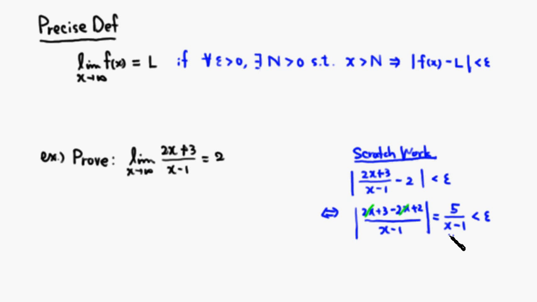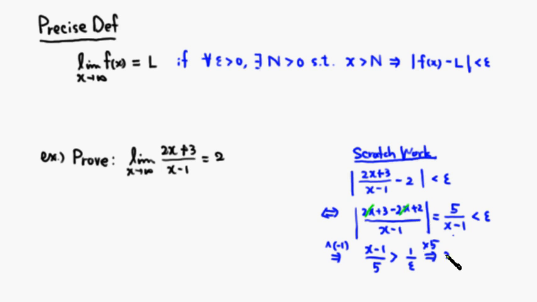So we want to solve for x. I'm going to take the reciprocal of both sides. Then you get (x - 1) over 5 and a 1 over epsilon. If you take the reciprocal, we need to make sure that the direction of the inequality is reversed. Then we want to isolate x, so I'm going to multiply by 5.